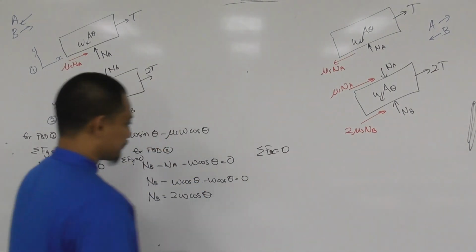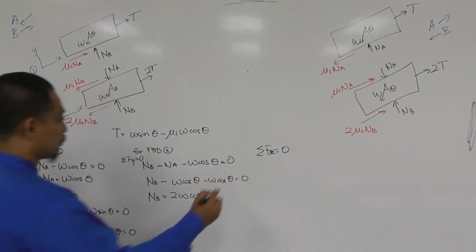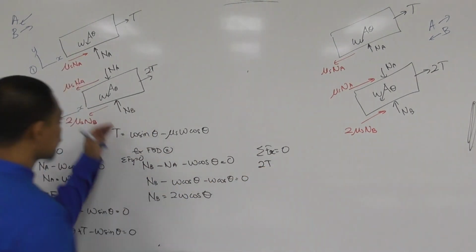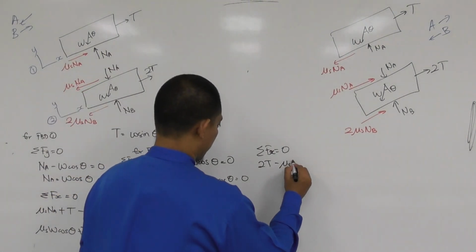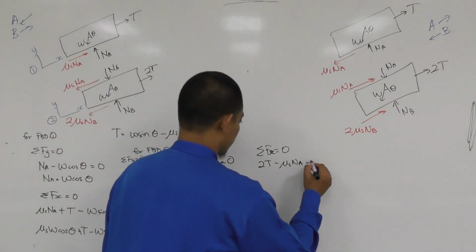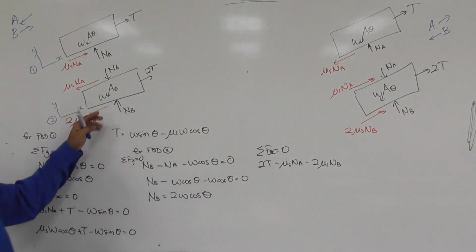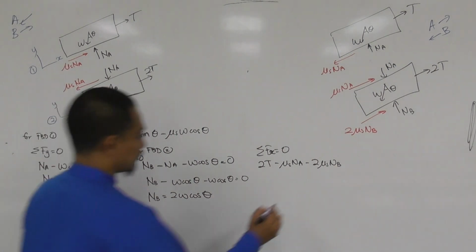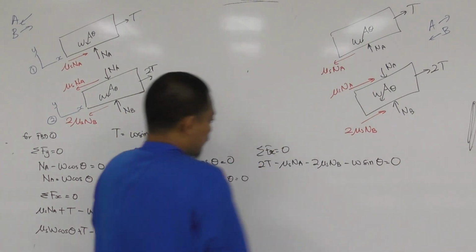So if you do summation of Fx equal to 0, so we'll have 2T minus mu s NA minus 2 mu s NB minus W sin theta equal to 0.